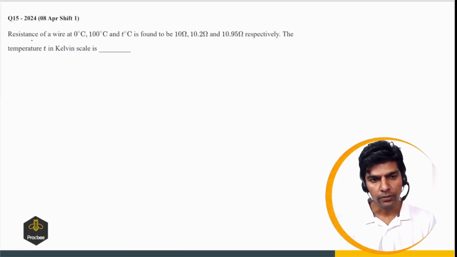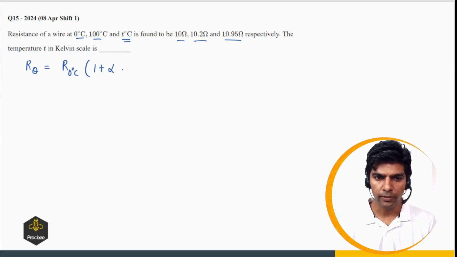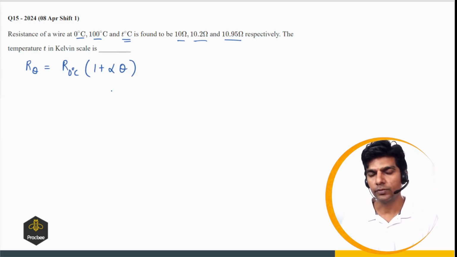We have given a resistance of the wire at different temperatures. At 0 degrees Celsius, 100 degrees Celsius, and T degrees Celsius, the resistances are 10, 10.2, and 10.95 ohms respectively. The temperature T in Kelvin scale. Okay, so what we can say, resistance at a particular temperature is equal to resistance at 0 degrees Celsius times 1 plus alpha times theta. So we can use this formula.